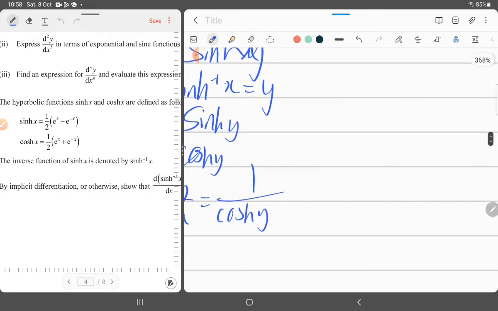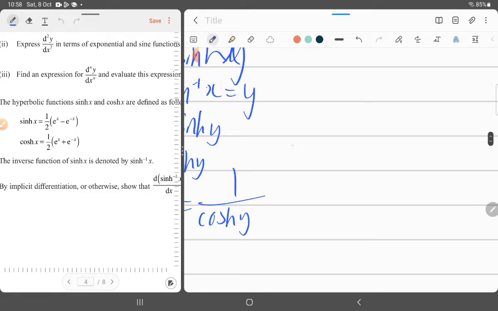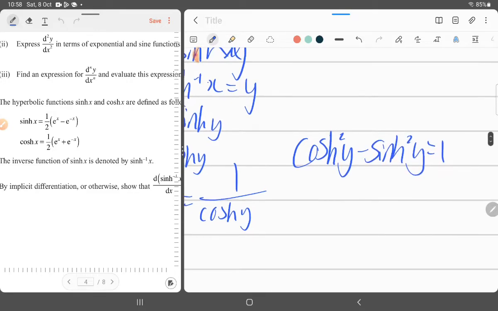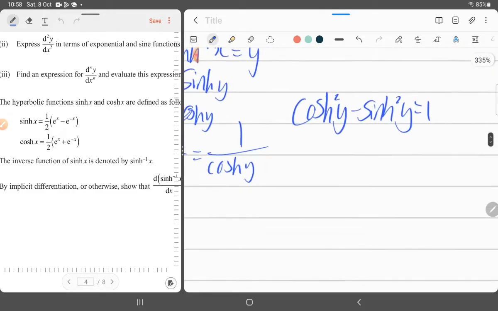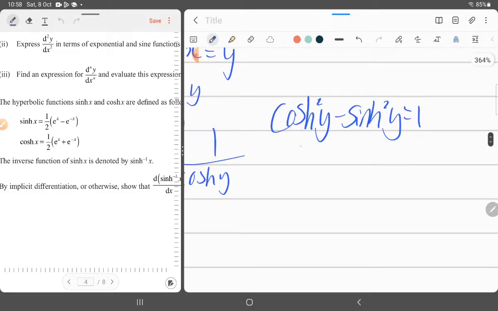I think this is like a known identity. Cosh squared y take away sinh squared y is equal to 1. I'm not sure if this is actually legal though, because this is an identity that is.